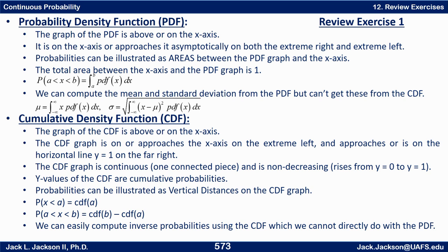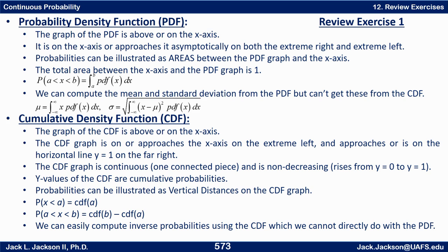It always stays either level or rises, and eventually rises from y equals 0 to y equals 1. The y values of the CDF are actually cumulative probabilities. So the probability that x is less than a is equal to the CDF value. Probabilities can be illustrated as vertical distances on the CDF graph.